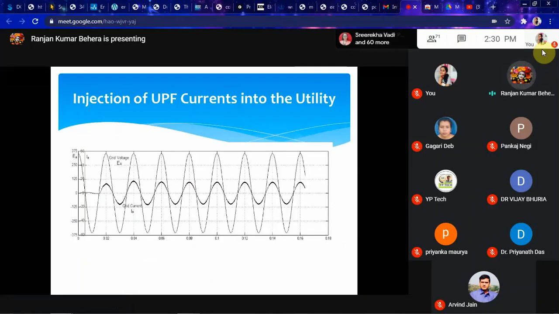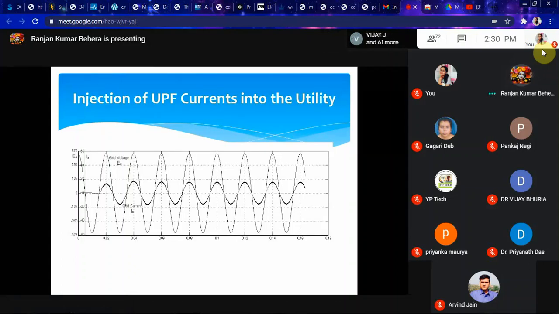And when you are feeding to the utility or grid, the grid current and voltage maintain unity power factor. So what is unity power factor? This is called a utility-friendly device.